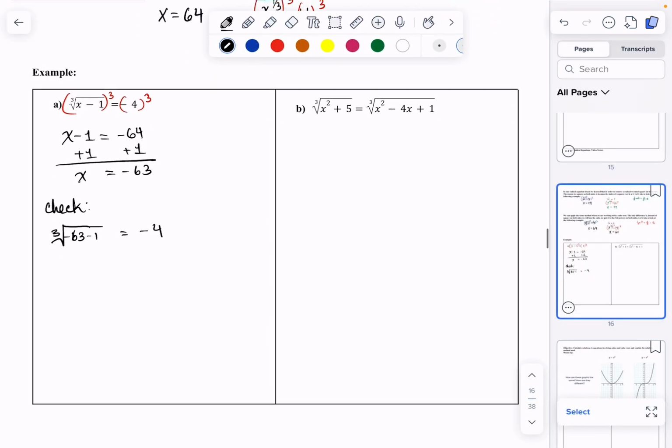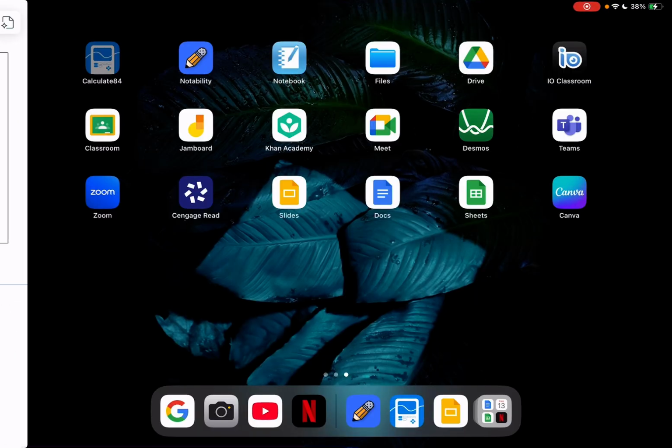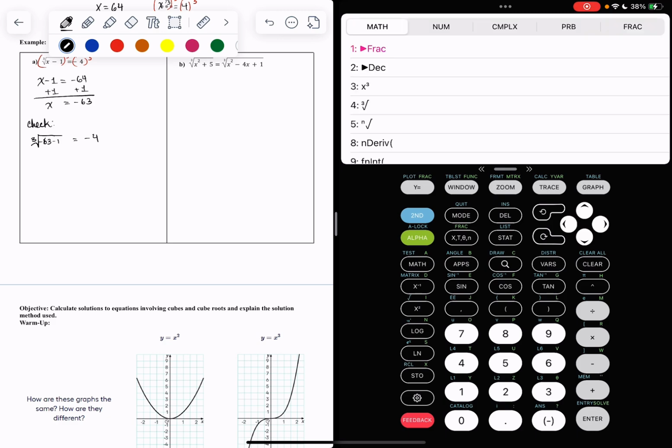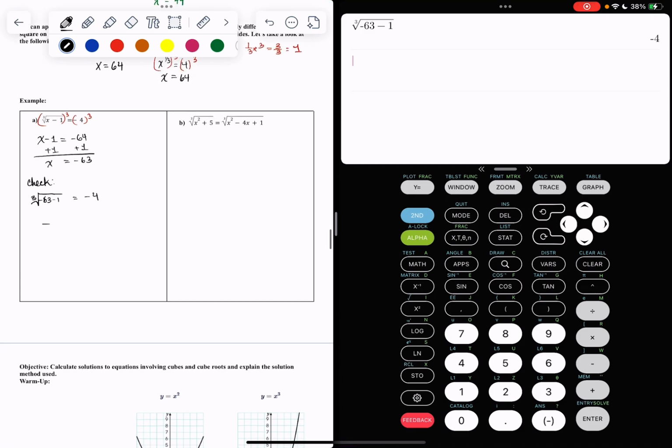I'm going to grab my calculator on the screen so we could see how to put it into the calculator too. Let's clear our calculator. We press math, and when we scroll down we see a cube root, and then I'm going to put negative 63 minus 1, and we hit enter, and we do get negative 4. So we have negative 4 is equal to negative 4. So it does work out for the check.